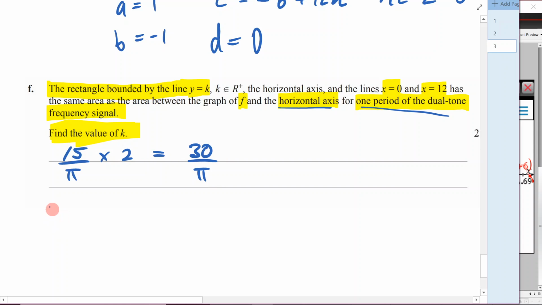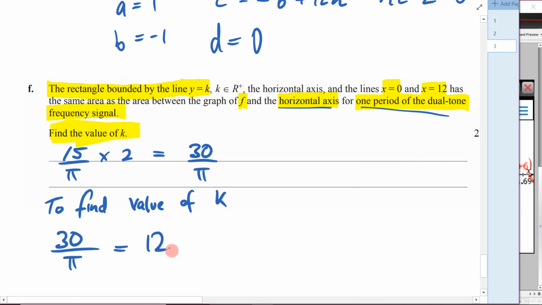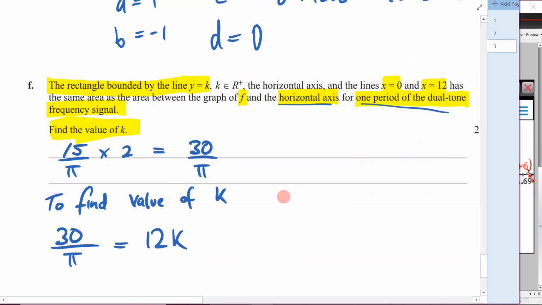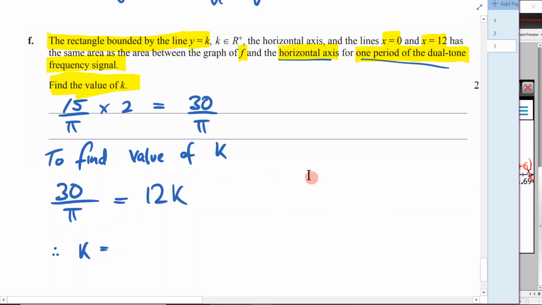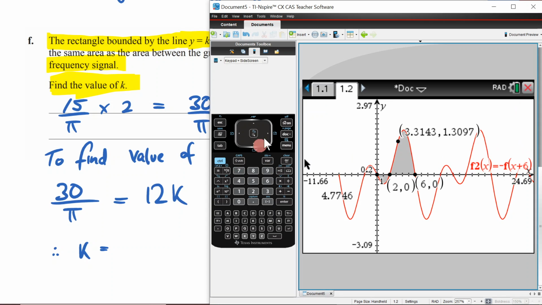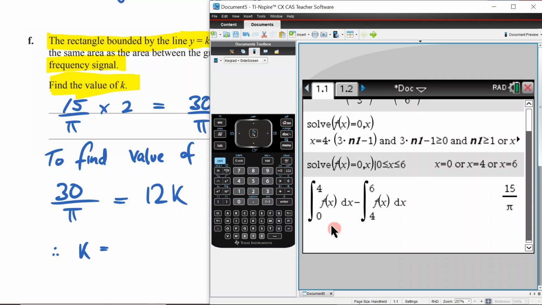And then to find the value of k, I'm going to say 30 on pi is equal to 12k. Therefore, k is going to be equal to, and I'm actually going to do this on my CAS because I don't want to make a mistake.